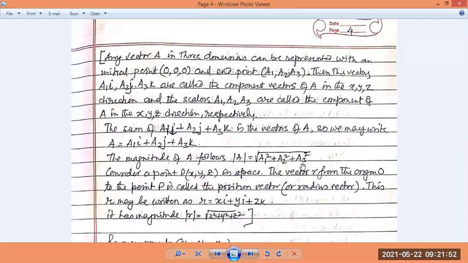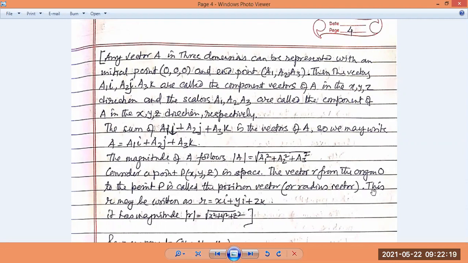For a point (x, y, z) in space, the vector from the origin O to the point P is called the position vector or radius vector, which we have discussed. The position vector of P means the vector r from the origin O to the point P, and its coordinates are the components of this vector in the x, y, and z directions.